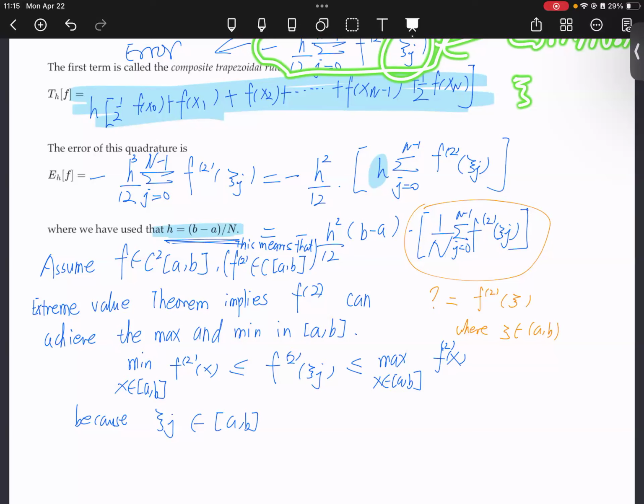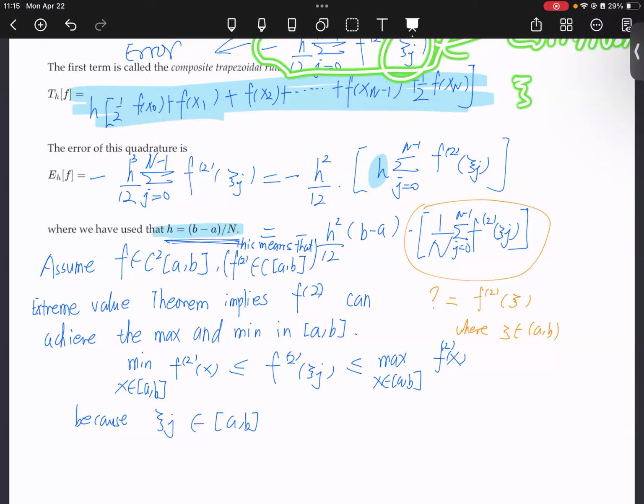Because it is continuous, the extreme value theorem implies that this function can achieve the maximum and minimum on the interval [a, b]. And so we have the lower bound and the upper bound for the second derivative evaluated at c_j. c_j is a point in the interval [a, b].